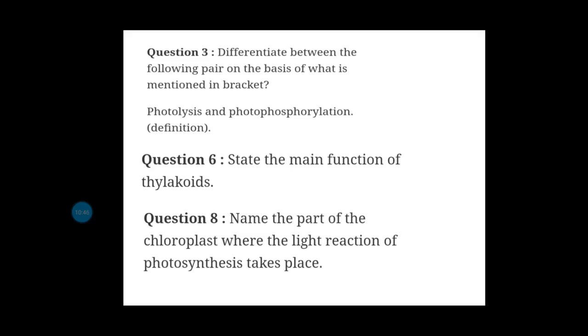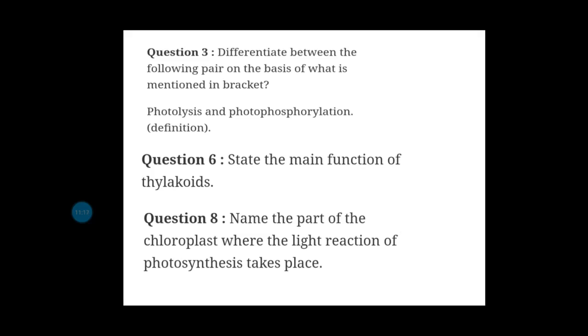Okay. Now question number 6 is, state the main function of thylakoid. Now we all know that in the thylakoid the light reaction of photosynthesis occurs. In this reaction the light energy is converted into chemical energy in the form of ATP and NADPH, and that chemical energy is used to drive the light independent phase or the dark reaction of photosynthesis.